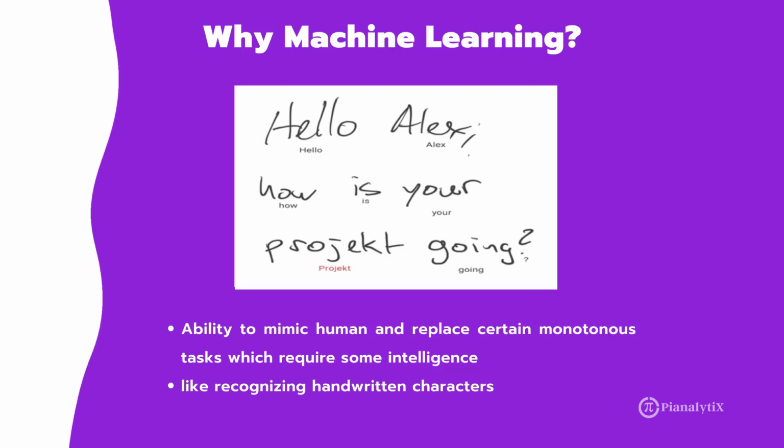So we can use machine learning algorithms to convert handwritten documents into digital documents. That way, we can save a lot of human energy, and use that energy in other productive work.